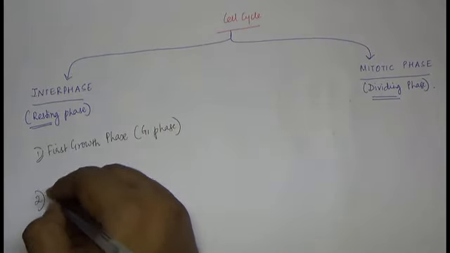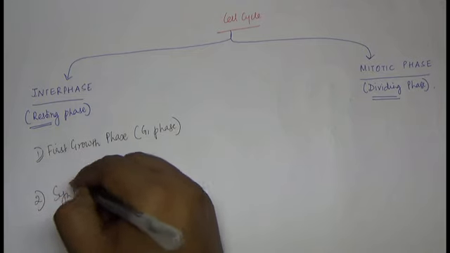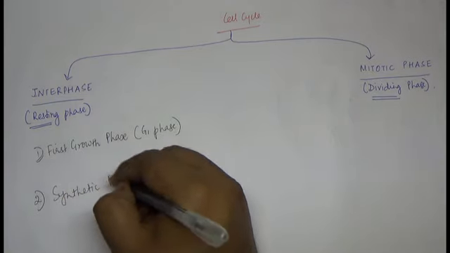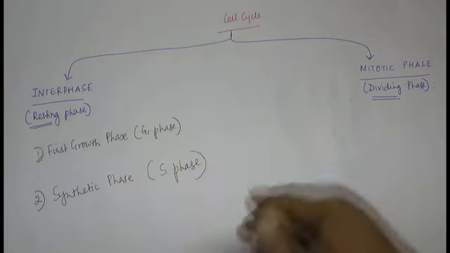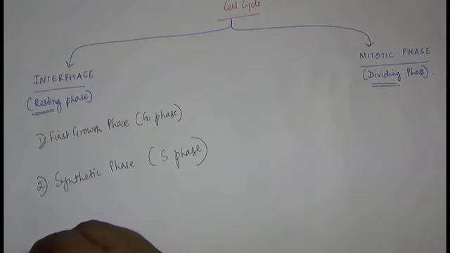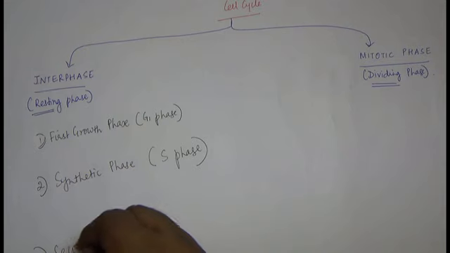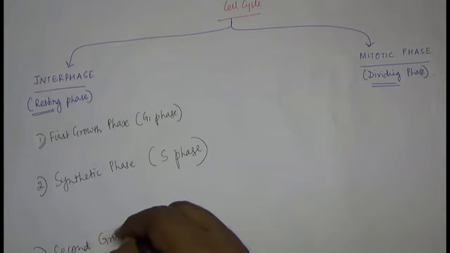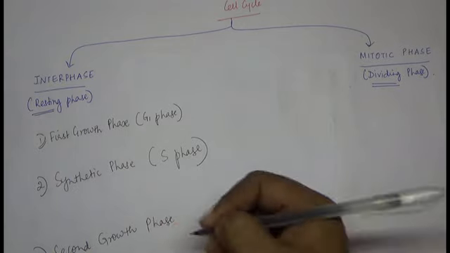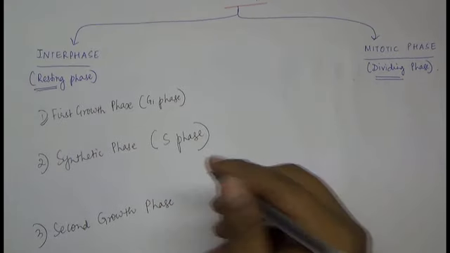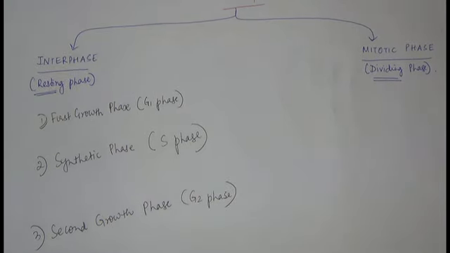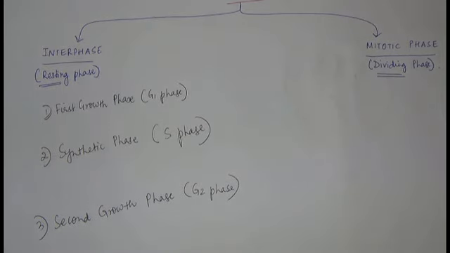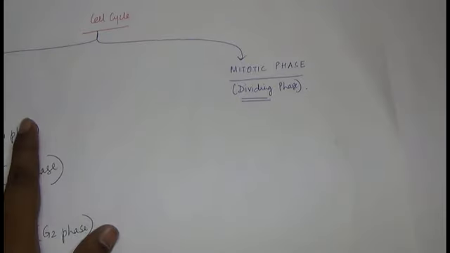Next, synthetic phase, or S phase, and in the end, second growth phase, or G2 phase. Clear? So these are the steps of interphase. Alright, we'll talk about them a little later.